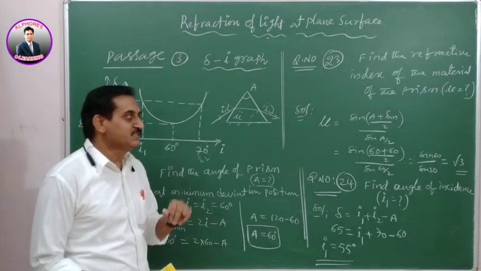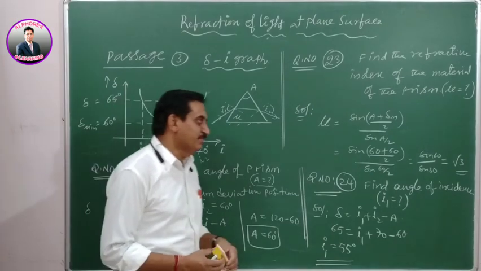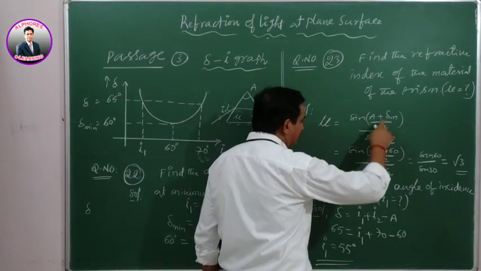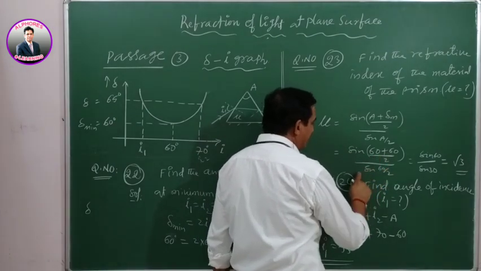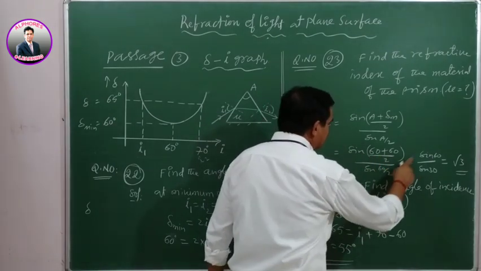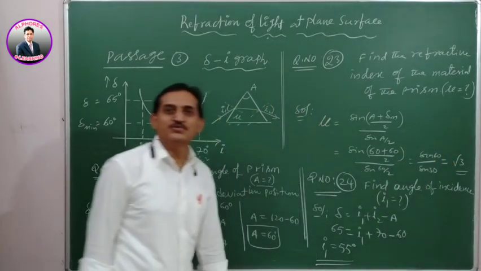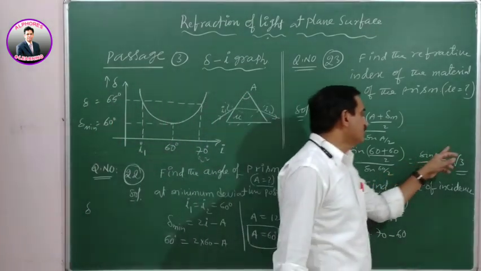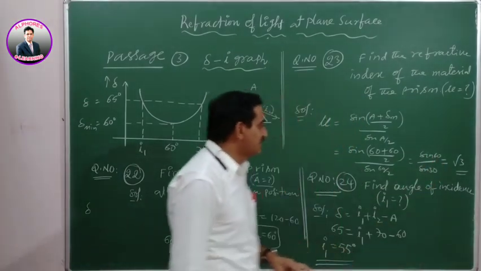Mu is equal to sin of (A plus delta minimum) by 2 divided by sin A by 2. Substitute here: sin of (60 plus 60) by 2 divided by sin 60 by 2. This gives sin 60 by sin 30. By simplifying you will get root 3 as the refractive index, because sin 60 is root 3 by 2, and sin 30 is 1 by 2. So it gives root 3.